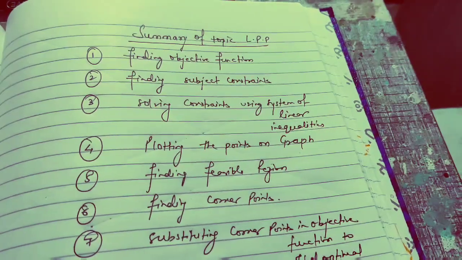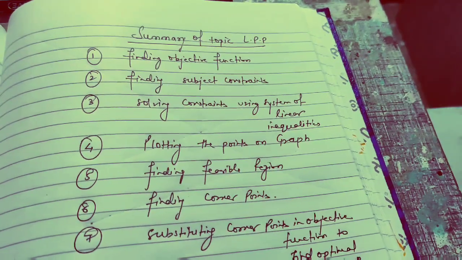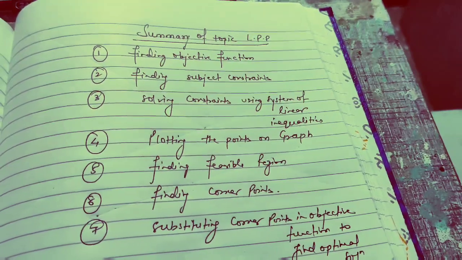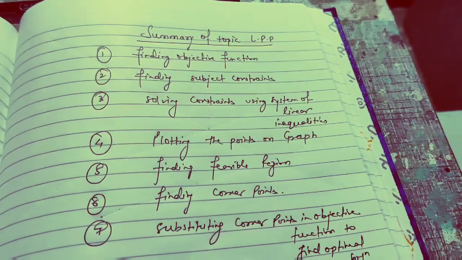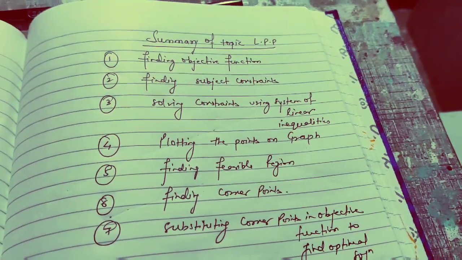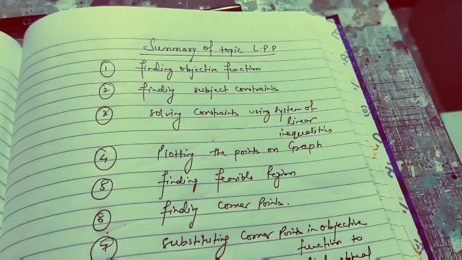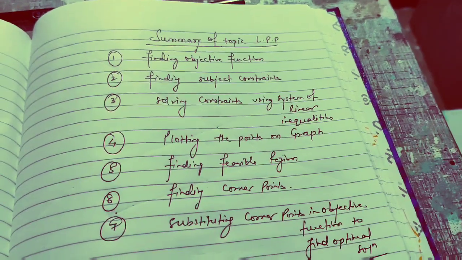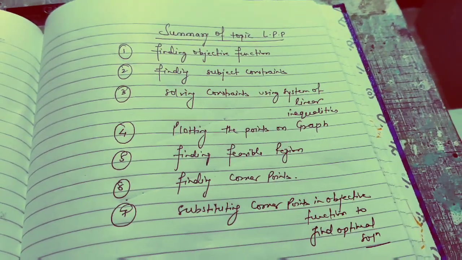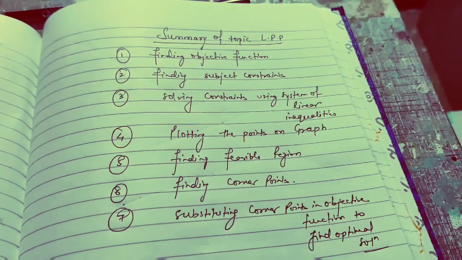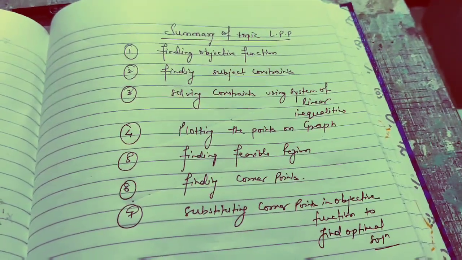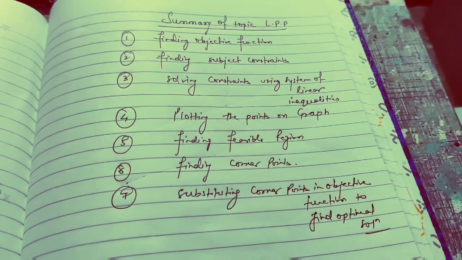Now, as we come to the end of the topic, the summary is: in this context, the first thing we need to do is find the objective function, then the related constraints, that is, the equations or inequalities, solving them using the concept of a system of linear equations or inequalities, plotting the points on the graph, finding the feasible region, and then finding the corner points, substituting those corner points in the objective function to find the optimal solution.